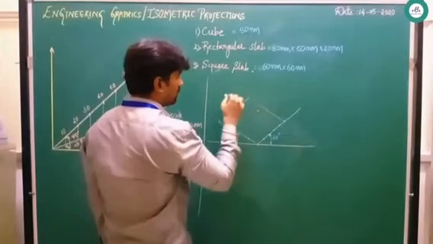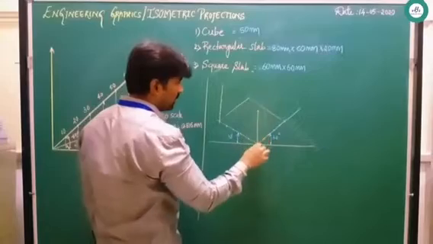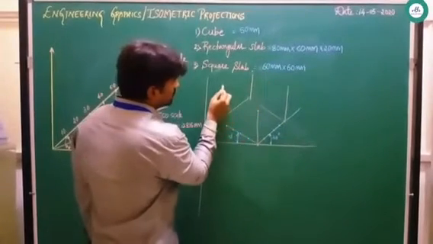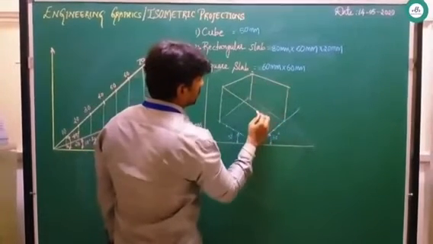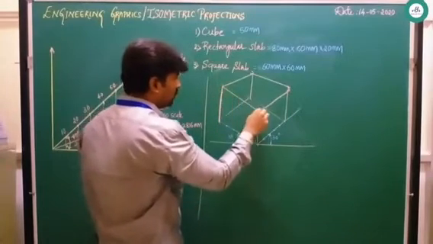After measuring this dimension, you can join these with a very thin line. After proceeding with this, you just meet these lines. After meeting them, you will get the cube.